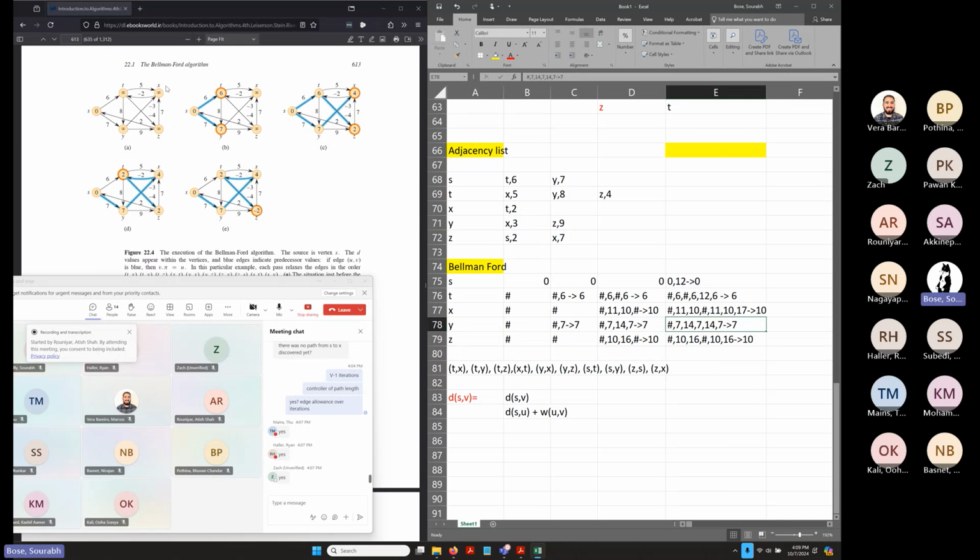X 6, 4, 7. That is the three edge path being offered. S to T, T to Z, Z to X. That is 6 plus 4 plus 7. That is the 17 that was offered. And that was also the first time we are offering it because it is a three edge path. Do you see that even if we are offering new things in this iteration, agreed?